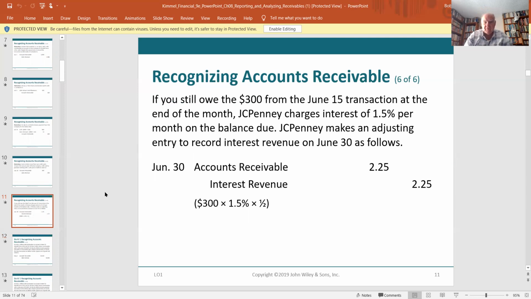If you still owe the $300, JCPenney charges interest of 1.5% per month. Wow, that's 18% a year. JCPenney makes an adjusting entry to accrue that interest. They debit accounts receivable for $2.25 and they credit interest revenue $2.25. Wow, that's a lot of interest.